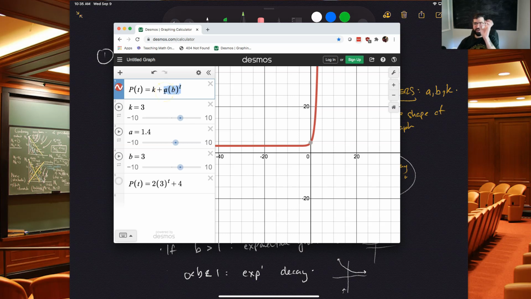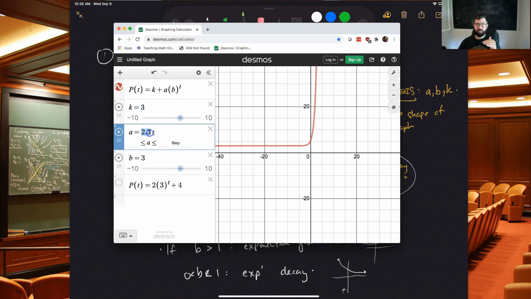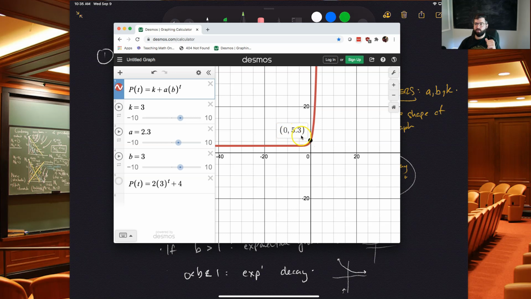It's like the starting number, and then this tells you how much to multiply that by each time. So this is going to both impact the shape of the curve as well as where it lands on the vertical axis, where it intercepts. And so here we see it's going to be k plus a, which should be 5.3. So if we find that intercept here, it's at (0, 5.3), and that will change. Okay, so this is when a is positive.